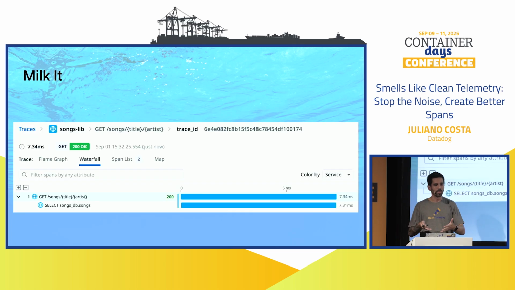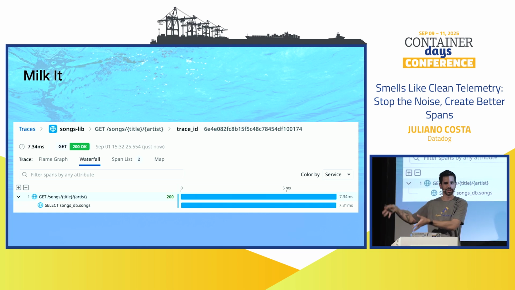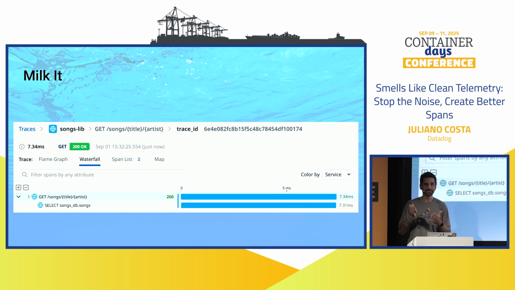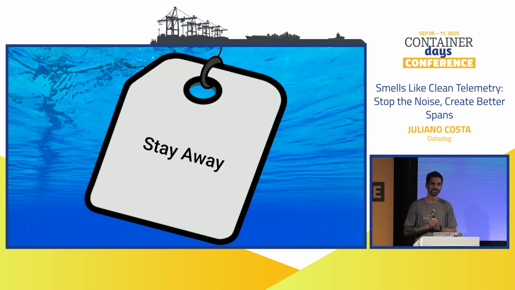And now we have visibility into the database query. So I can see that from the 7.34 seconds that the request took, 7.31 was actually getting the value from the database.